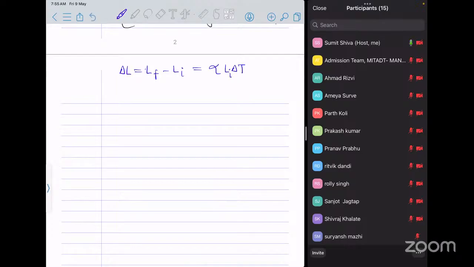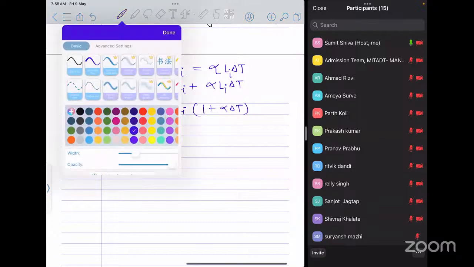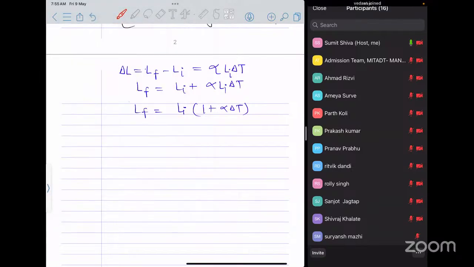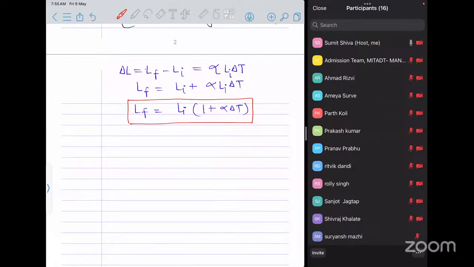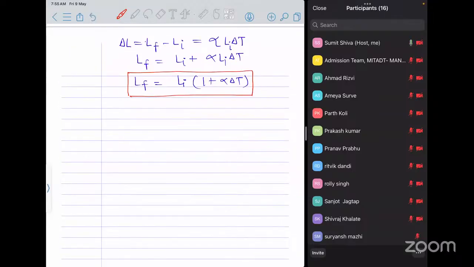So if you are interested in finding the final length of the rod, it will be L final equals L initial plus alpha L initial delta T, which means L final will be L initial times (1 plus alpha delta T). So this is also a way to represent the same concept. Understood or any doubt?